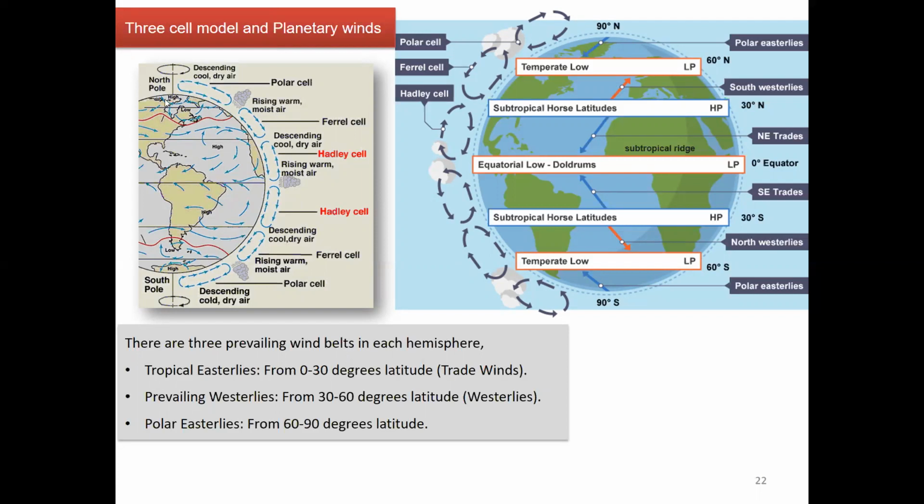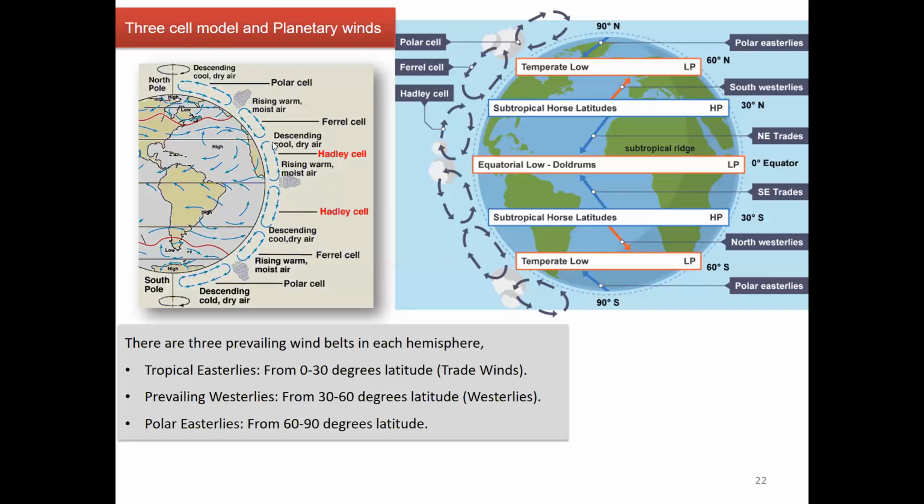Wind will try to move from high pressure to low pressure in this direction, and in the upper atmosphere this cycle will take place in the northward direction. The air that has risen here will try to move towards the polar region, but because of the Coriolis effect and the movement of the Earth, instead of going north it descends somewhere around 30-degree latitude on both sides of the equator, 30-degree north and 30-degree south.